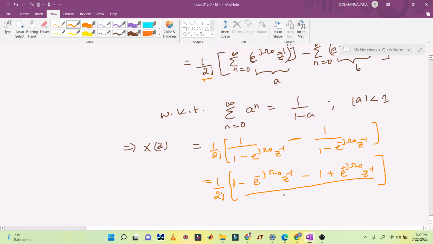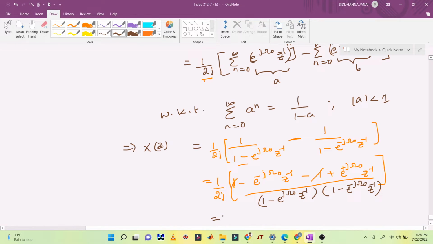Now this minus 1 plus 1 cancels out, and in the denominator we also need to multiply. Denominator is 1 minus e to the power j omega naught z inverse multiplied by 1 minus e to the power minus j omega naught z inverse.